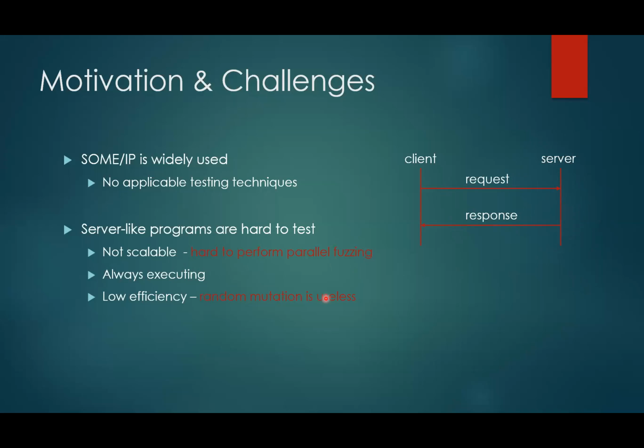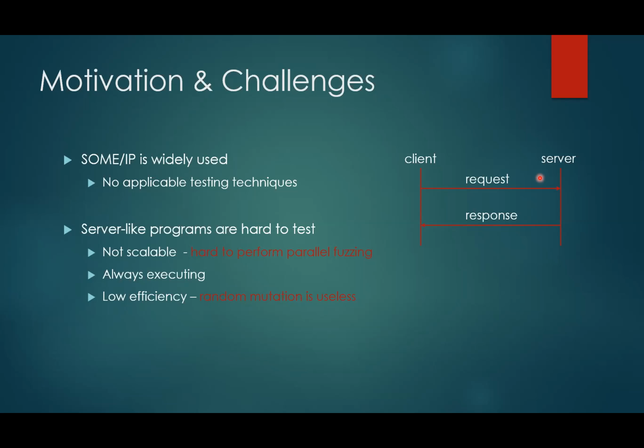It keeps running there. And the third problem is that although this communication between the client and server is very simple, the packet of the SOME/IP protocol is not that simple, as shown in the previous slide. We can see that there are different fields in the header of the packet.